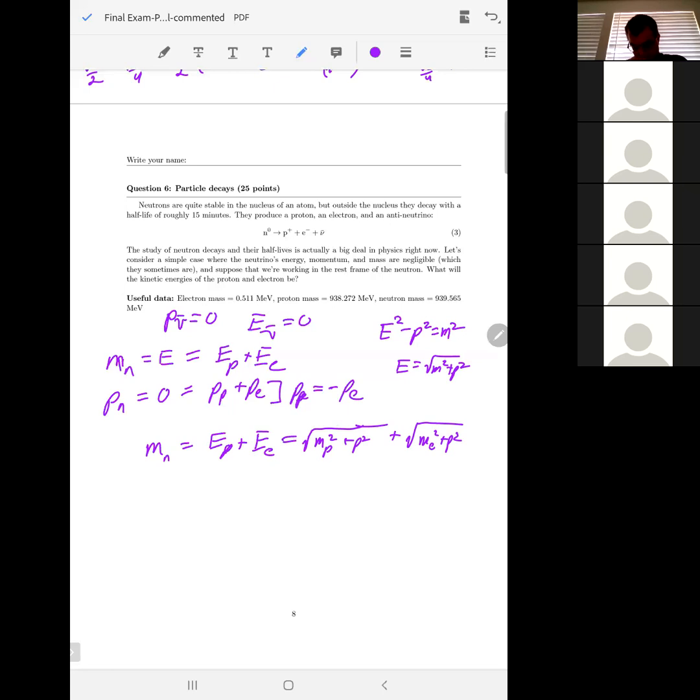That's something else that we could do. Or we could say that P is the square root of E squared minus M squared. This gets a little awkward with the minus signs.